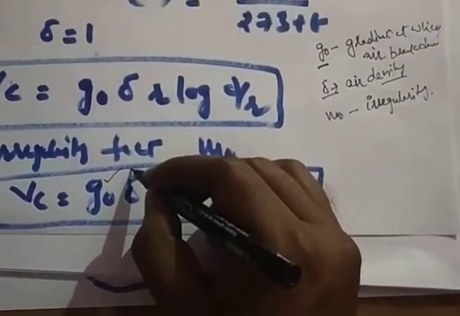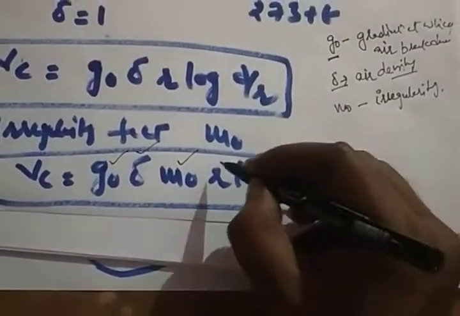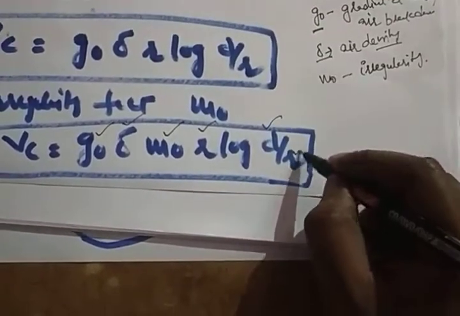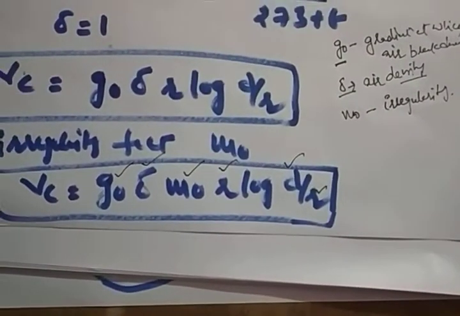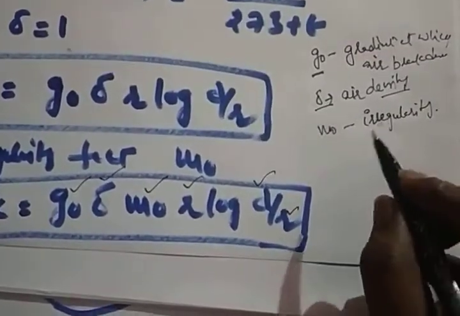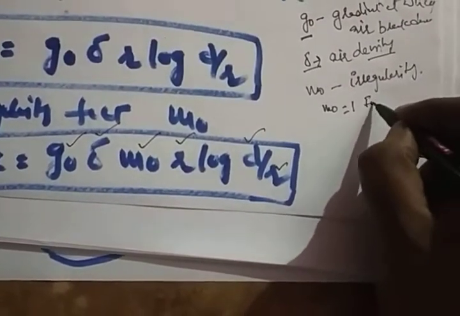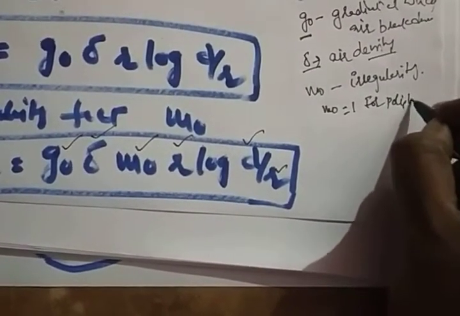So this is the air density factor. So this is the irregularity factor. This is the radius. This is the distance, and this is the radius. And the irregularity factor m naught is equal to 1 for polished conductors.